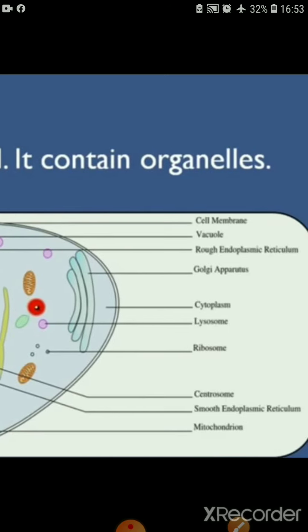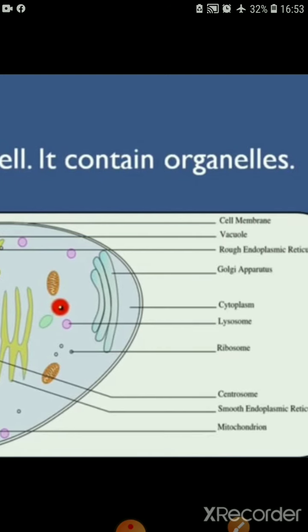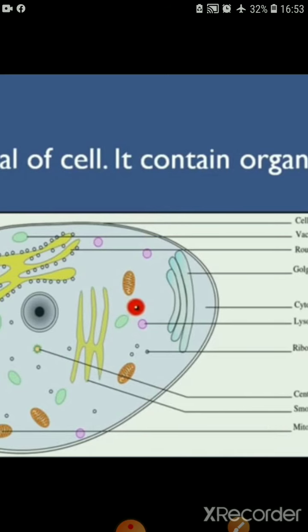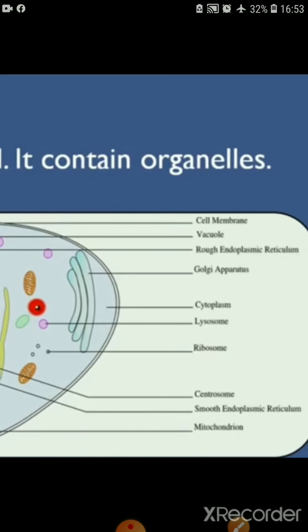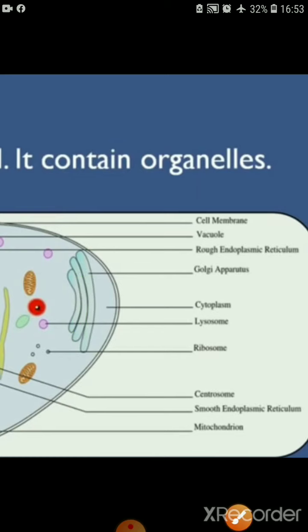We can say rough endoplasmic reticulum has small black dots, but smooth endoplasmic reticulum does not have such bodies, right? Next, this blue body is called the Golgi apparatus. What is that called? Golgi apparatus.